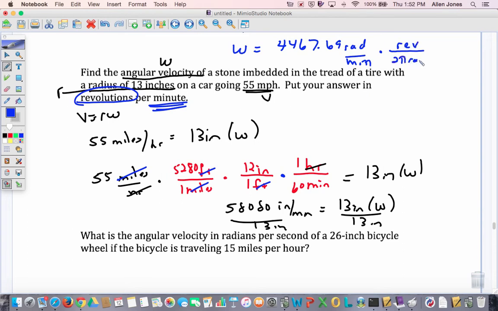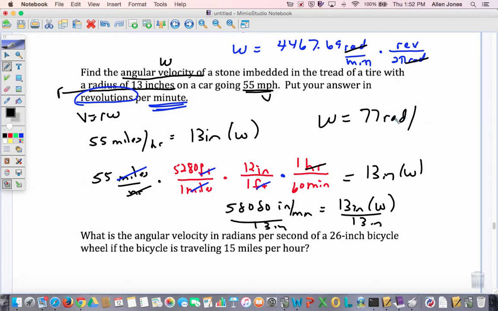Notice we also want our answer in revolutions, not in radians, so we have yet another unit conversion to do. 1 revolution is 2 pi radians. That way the label of radians cancels. Oops, not the 2 pi, so let's just cancel the radians, not the 2 pi. And eventually, to finish this one off, divide, and don't forget to put that 2 pi in parentheses again.